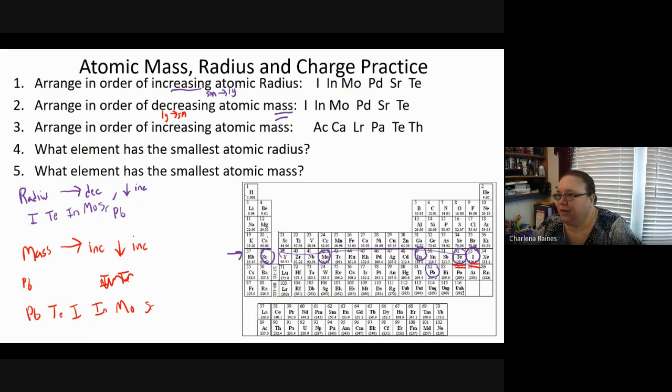We got calcium, LR, PA. That's an inner transition metal, so be careful. TE and TH.